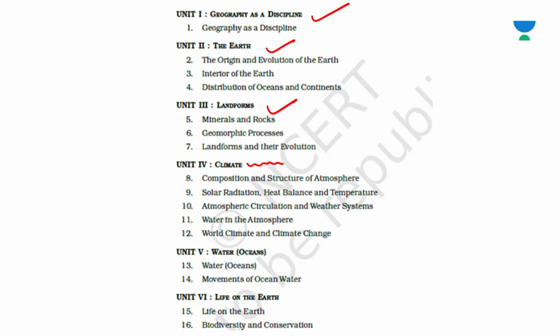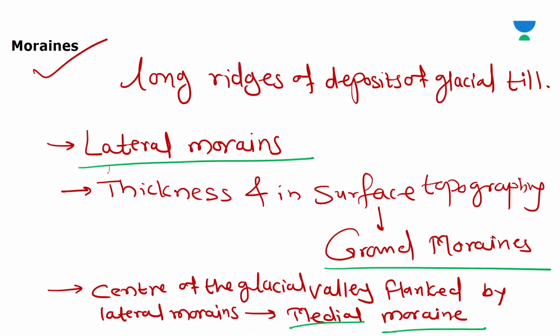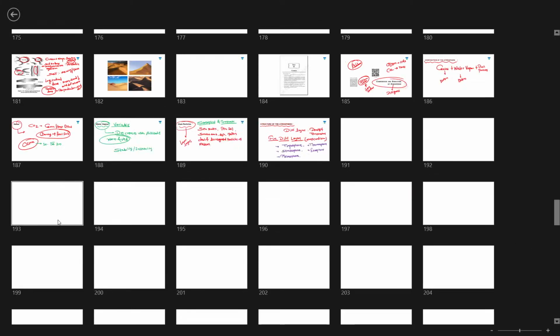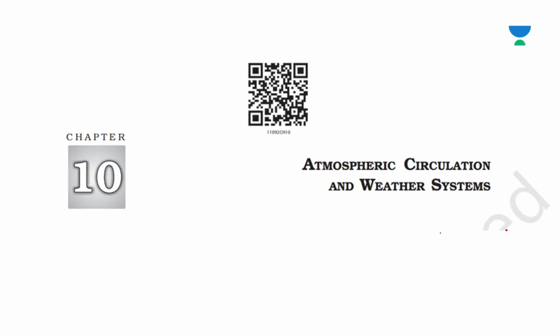Atmospheric circulation and weather systems. So friends, in the last chapter we discussed the uneven distribution of temperature over the surface of the earth.